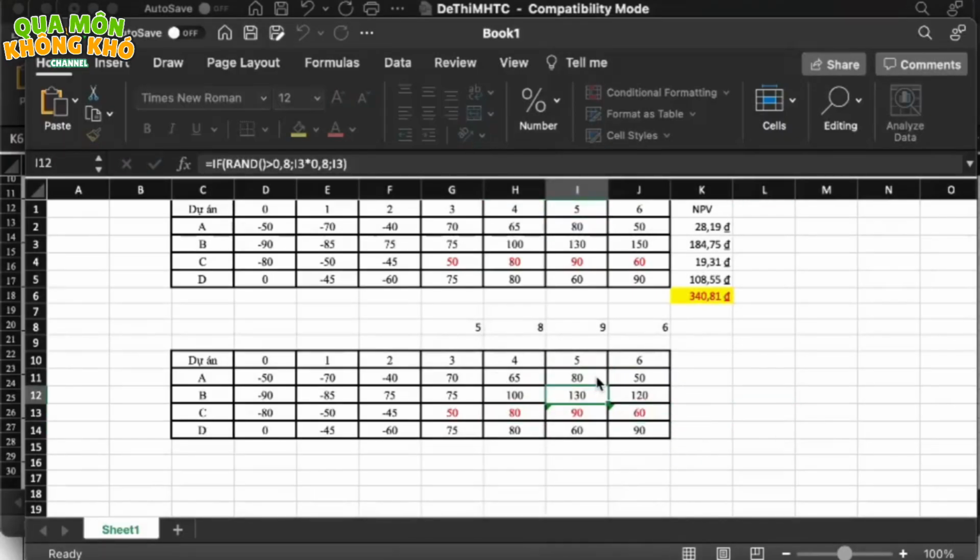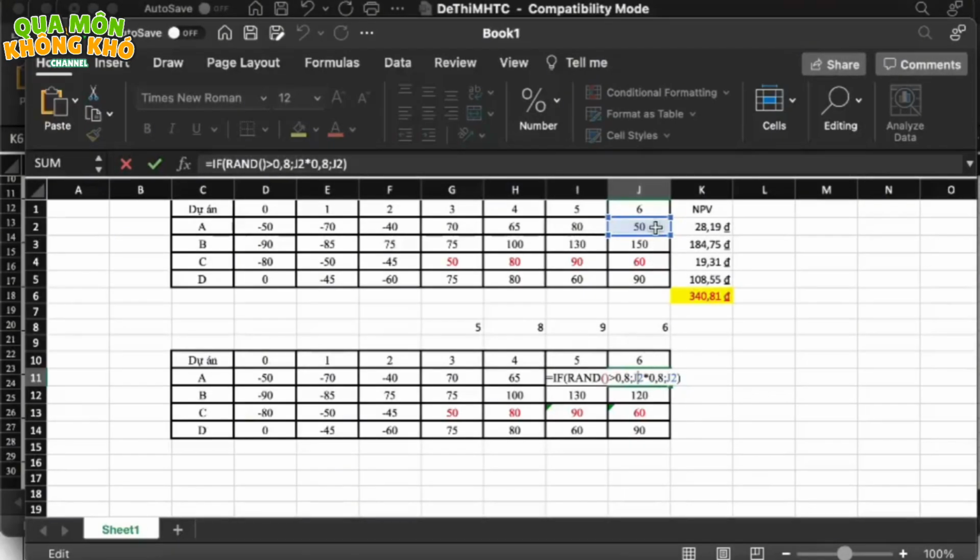So you can see this function here: IF with the condition of the continuous random number from 0 to 1, if we create a random number that is more than 0.8, then the cash flow in year 6 will reduce by 20%.